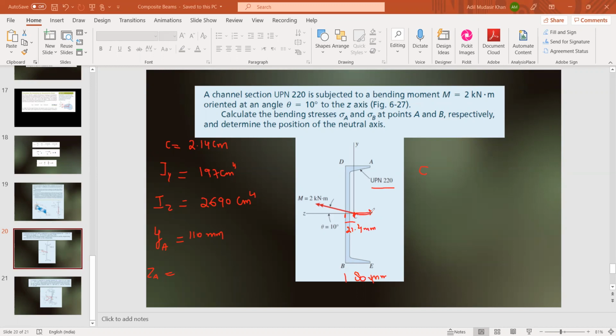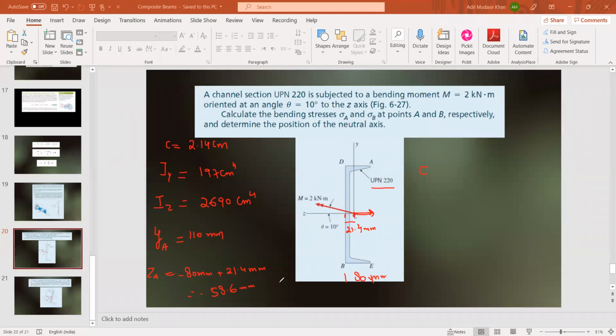Therefore, from C to point A along the Z axis, the distance will be minus 80 mm plus 21.4 mm, which comes out equal to minus 58.6 mm. That is ZA.